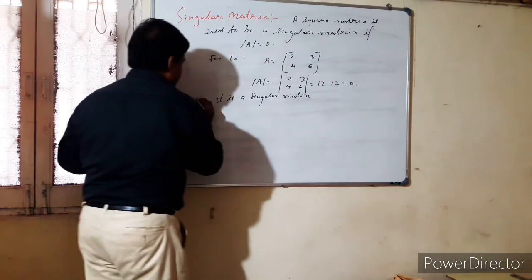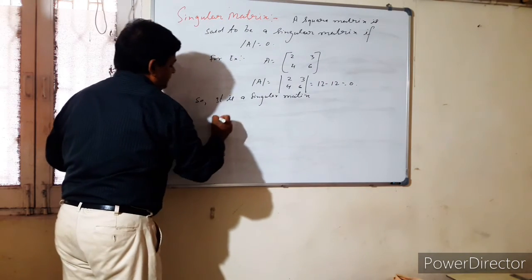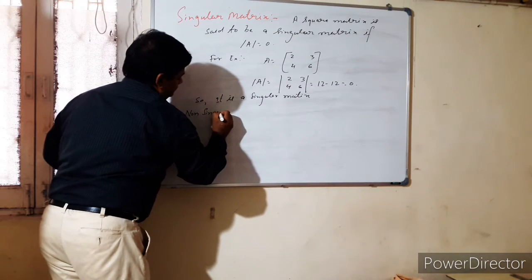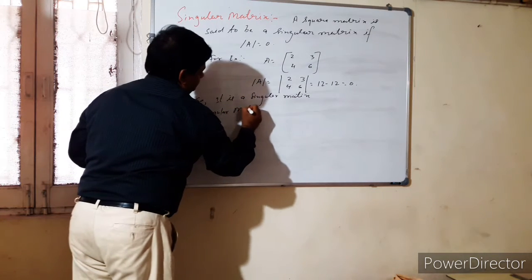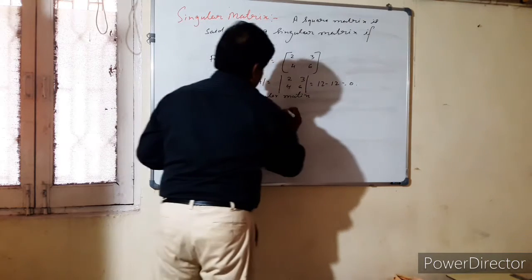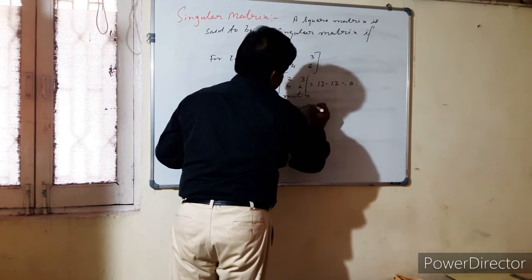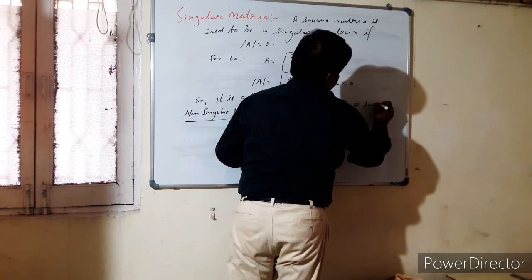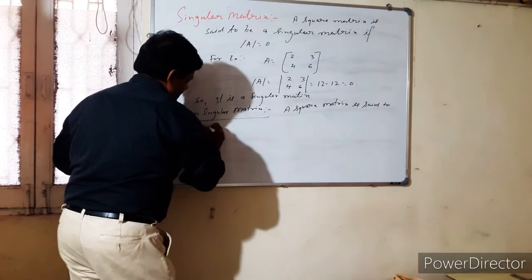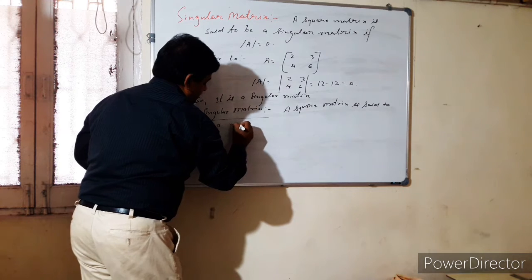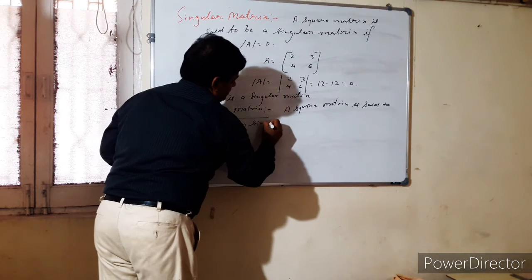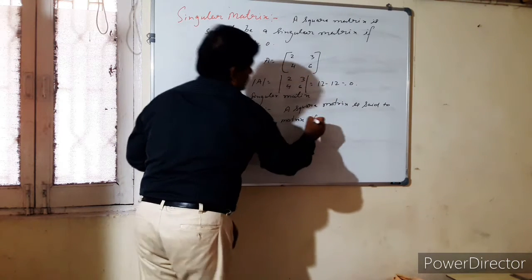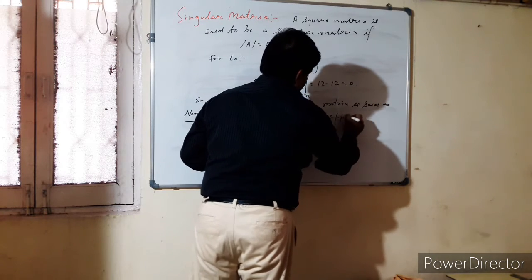A square matrix is said to be a non-singular matrix if determinant A is not equal to 0.